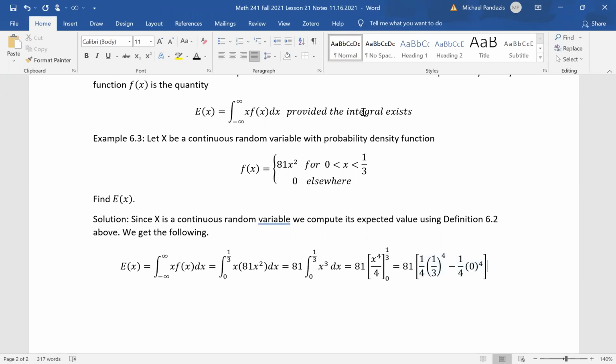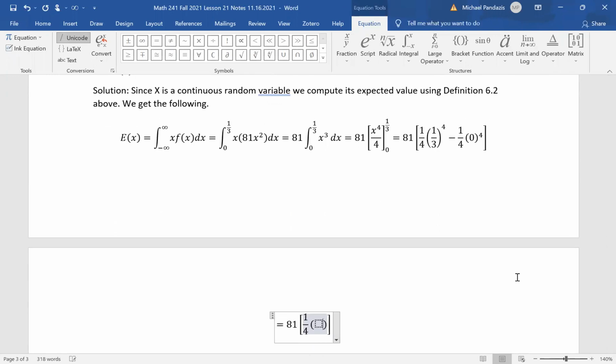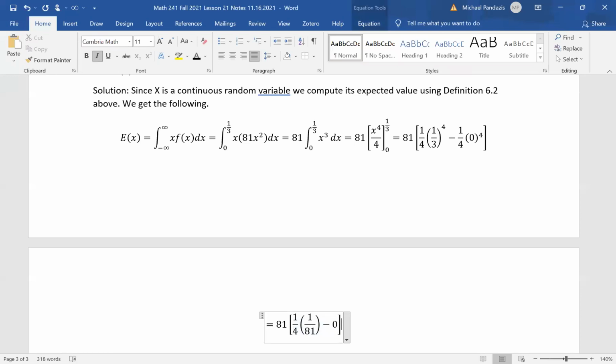Now 1/3 to the 4th power is 1 over 81, since 3 to the 4th power is 81, and it's minus 0.